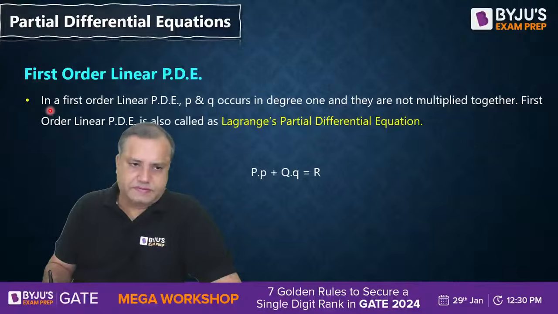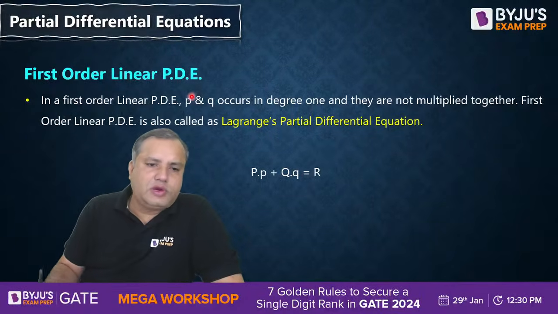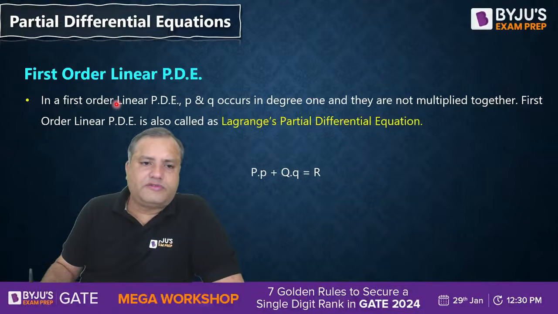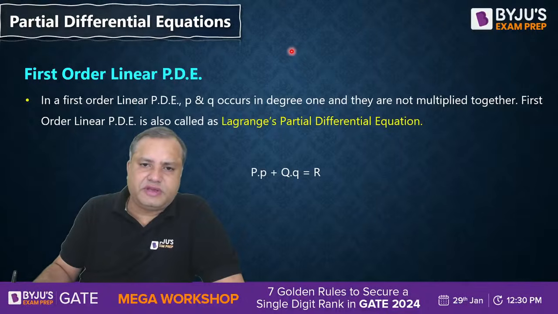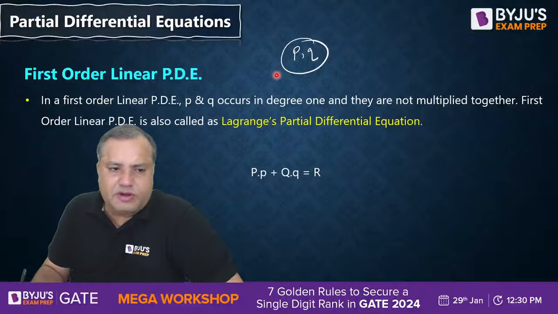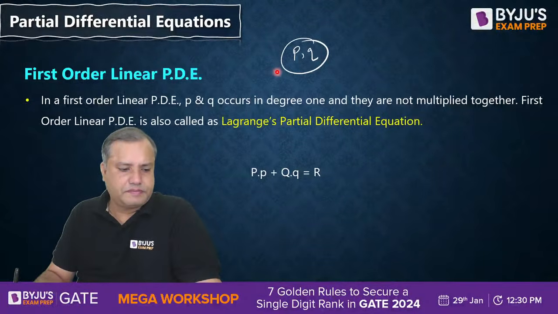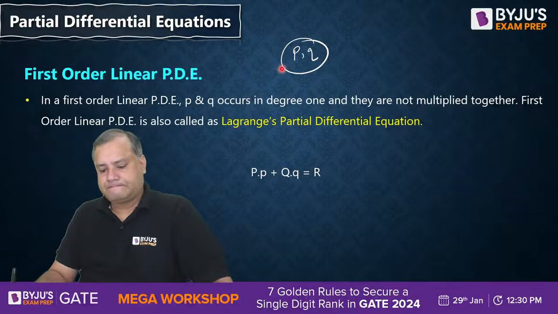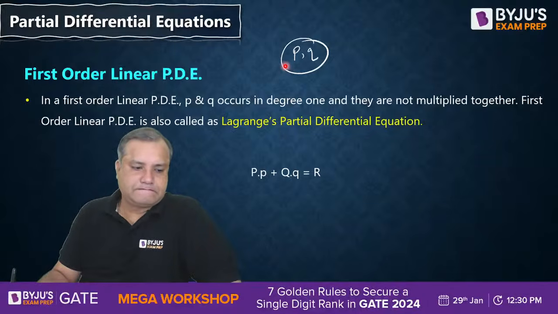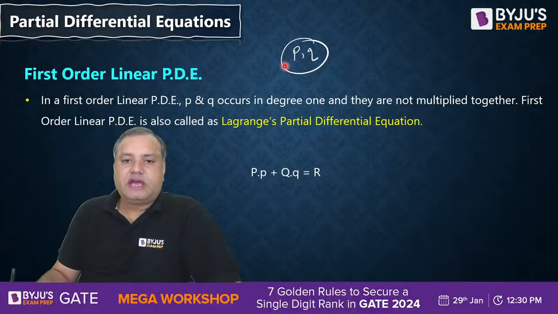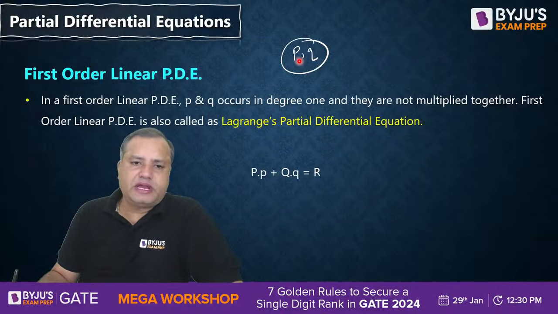See here, students. As we all know, a first order partial differential equation can have P and Q only as derivatives.